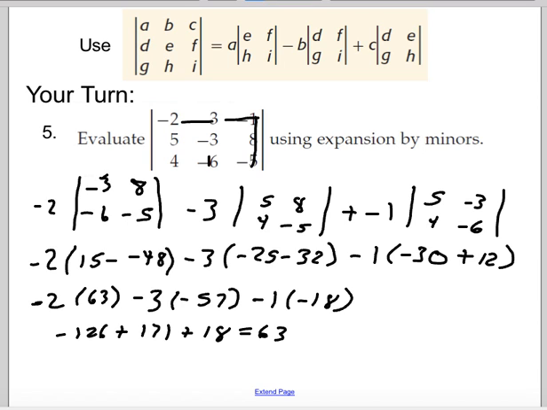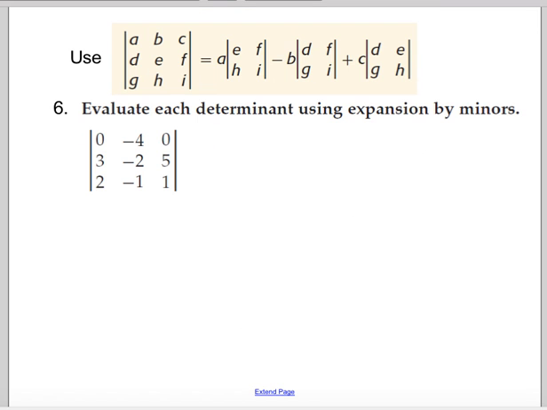So if you did your math correctly, you would have gotten 63 there. All right, we're not going to do another one here, but if you wanted to do this one, you should get a solution here of a negative 28.